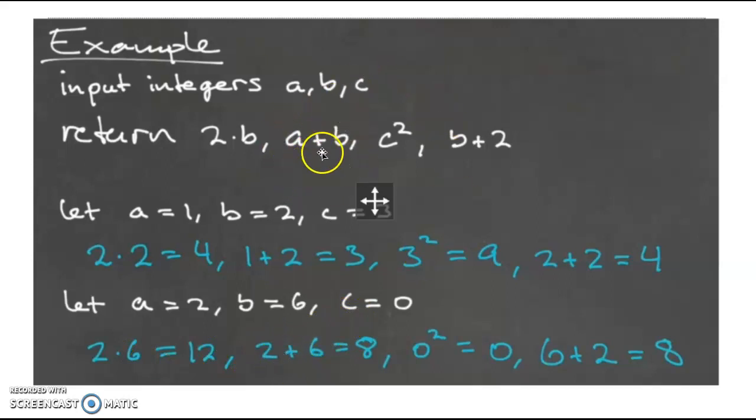A plus B. 2 plus 6 is 8. C squared, in this case C is 0, so 0 squared is 0. And finally B plus 2. B is 6 plus 2 is 8.